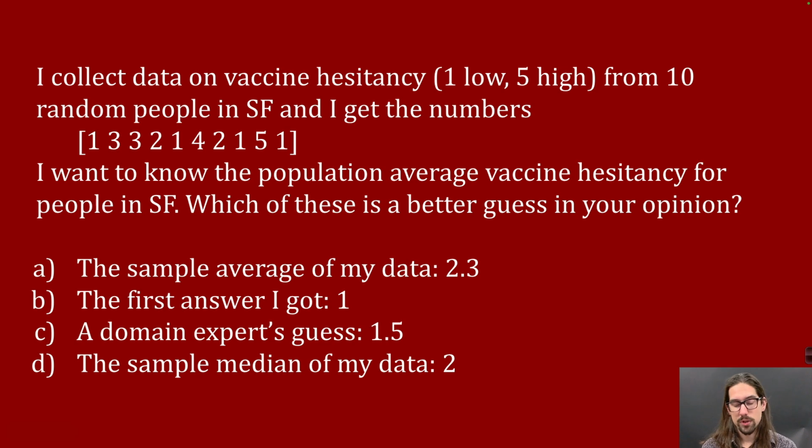So the sample average, I know that since I only have 10 observations, that number could vary wildly from sample to sample, right? For example, let's say instead of 10, I had 5 observations, and let's say I had gotten these 5: 1, 3, 3, 2, 1. The sample average of that is 2, versus the sample average of these last 5 numbers: 1, 1, 4, 5.